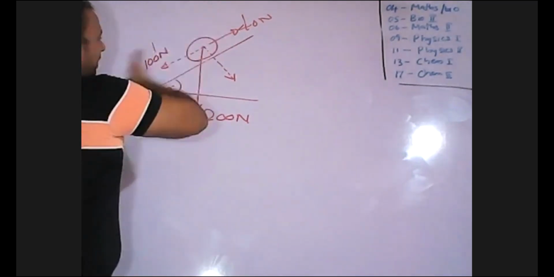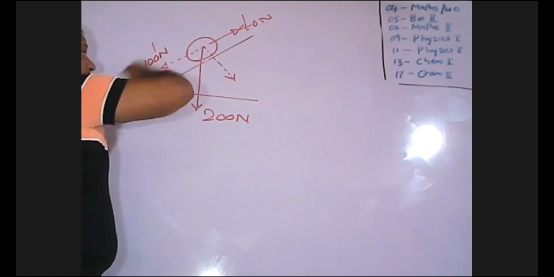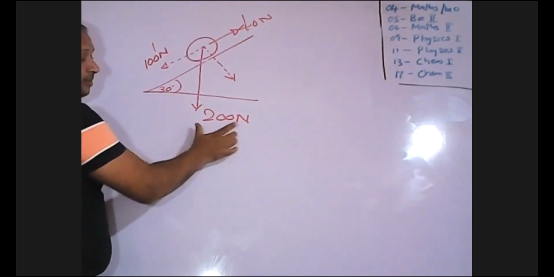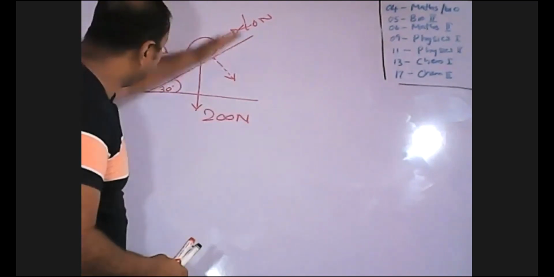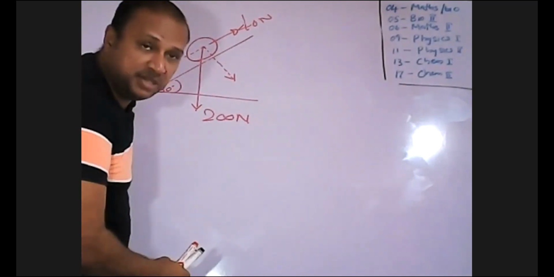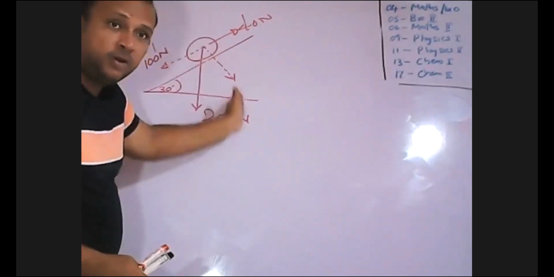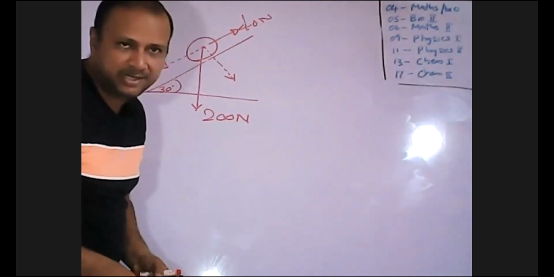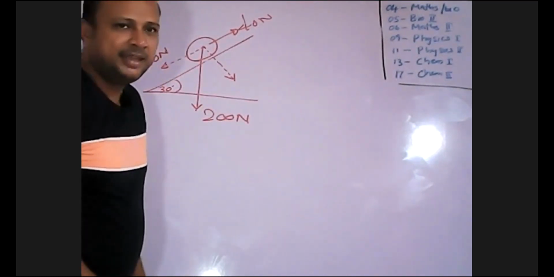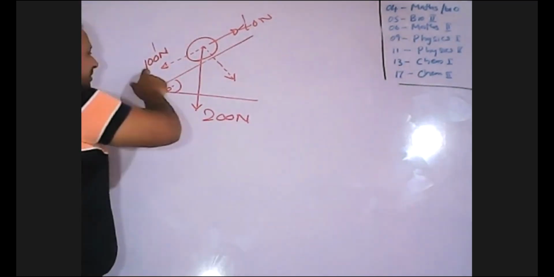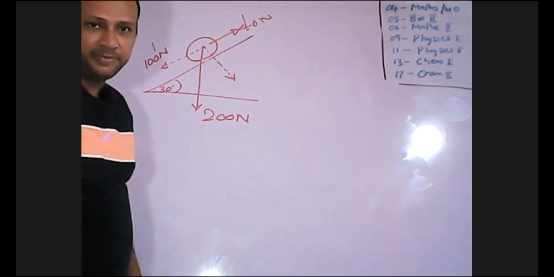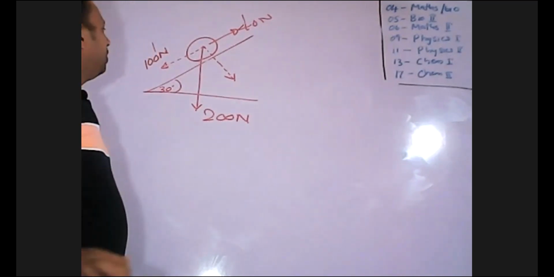Normally, the resolved component along the plane is equal to mg sin theta. The resolved component perpendicular to the plane is equal to mg cos theta. And that's why I can take this one as 100.